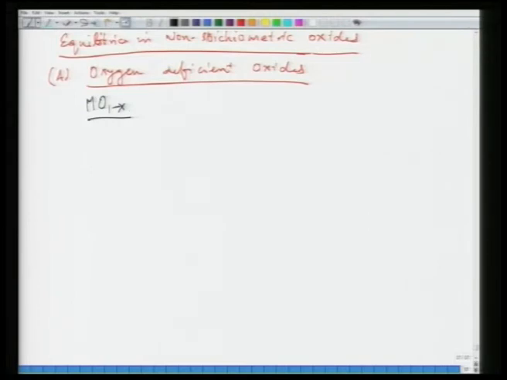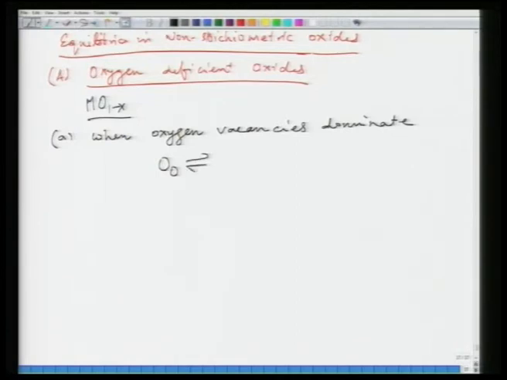So we will take first case when oxygen vacancies dominate. Okay. So when we take that, in that case again I write the defect reaction. The writing of defect reaction is similar to what we did earlier. So formation of vacancy of oxygen plus formation of 2 electrons.